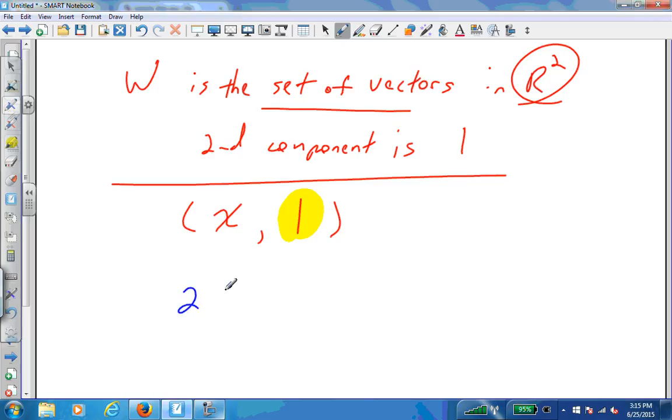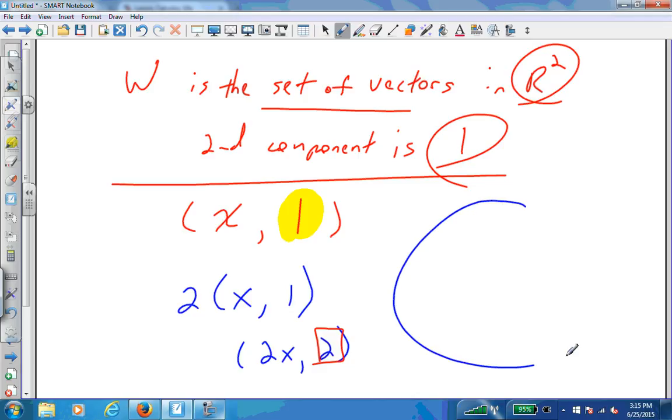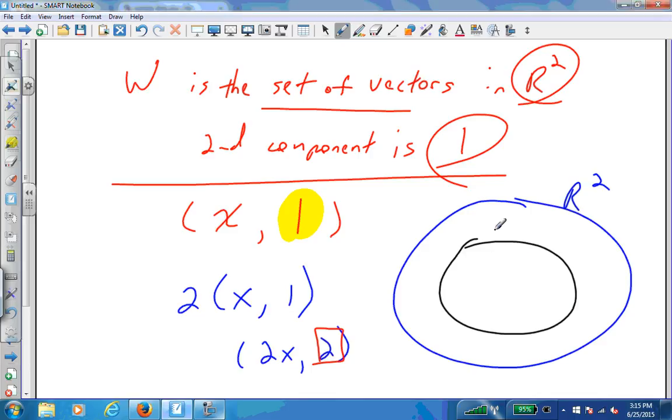For example, if we take and multiply by a scalar, we get 2x by 2, which violates that the second component is a 1. So if we think about this in terms of this being everything in R2, and then W being a subset out of that, all the ones where the second element is 1.